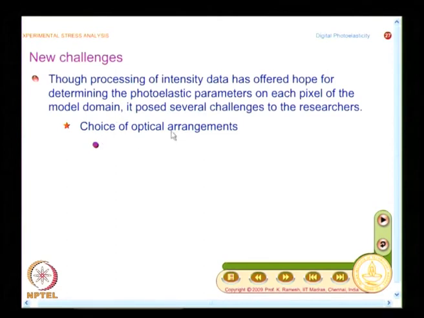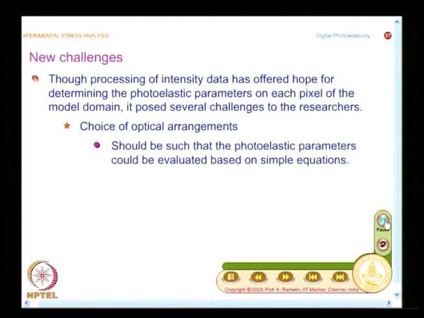The focus is not just point information, because advancements in computer technology and the ability to record intensity data conveniently have opened up a very new approach wherein you process the intensity data. And what are all the challenges? The first question is, what is the choice of optical arrangements? Because you have only bright and dark field. So, that is one aspect.